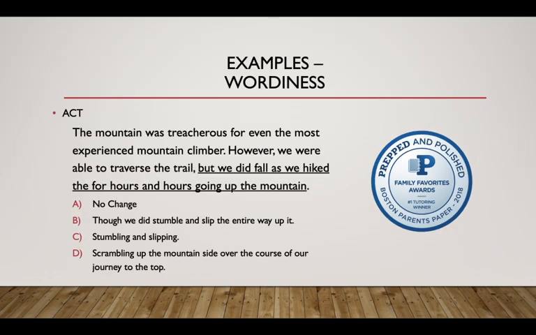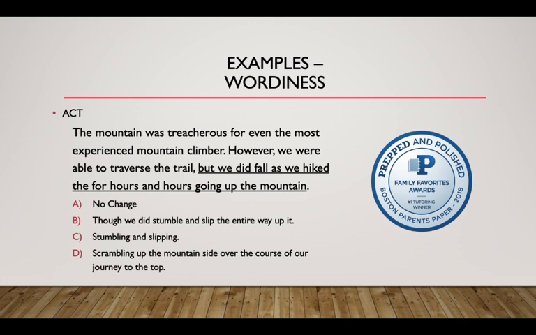All right, the mountain was treacherous for even the most experienced mountain climber. However, we were able to traverse the trail, but we did fall as we hiked for hours and hours going up the mountain. Now, I can keep it as is. I have, though we did stumble and slip the entire way up. Stumbling and slipping, or scrambling up the mountainside over the course of our journey to the top.